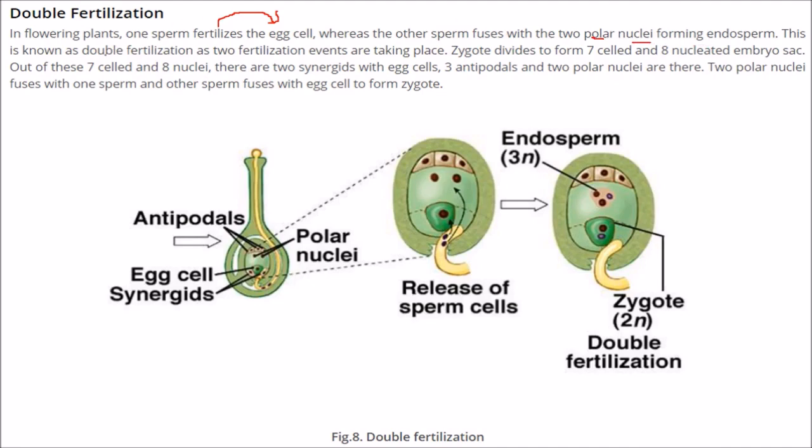This is known as double fertilization, because two fertilizations are going on at the same time. The embryo sac is 7-celled and 8-nucleate, with two synergids along with the egg cell, three antipodals, and two polar nuclei. The two polar nuclei fuse with one sperm, and the other sperm fuses with the egg cell to form the zygote. This is the whole process of double fertilization.